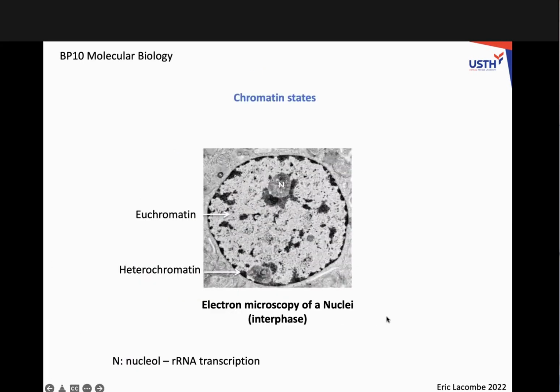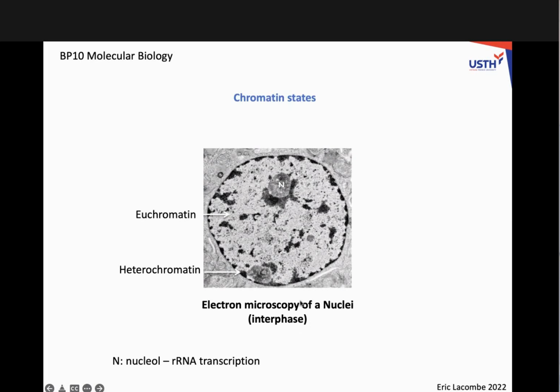When we look at the DNA contained in nuclei, this is an electron microscopy image of a nucleus at interphase. It's very important because in the different phases of mitosis, we will have different types of pictures. During interphase, most of the cells in our body are either in interphase or G2 phase.